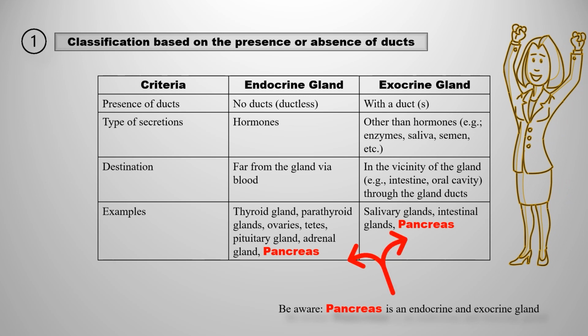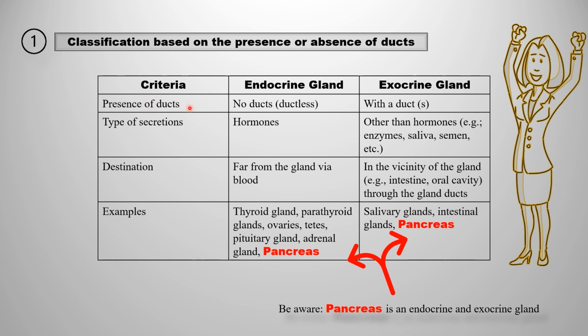Now, the first classification is based on the presence or absence of ducts. We have specific criteria or characteristics in the first column on your left, and then we have the two classifications. So, based on the presence or absence of ducts, we have 2 types of glands, either endocrine glands or exocrine glands. So the first one is the presence or absence of ducts.